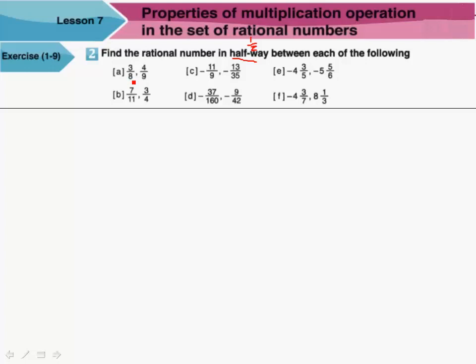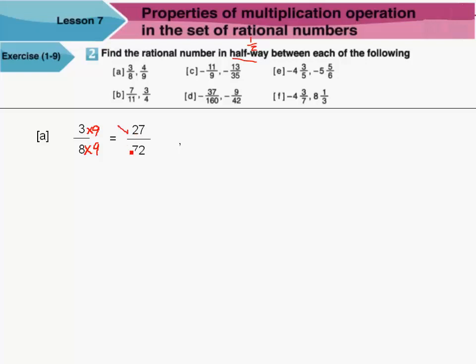Here, look at the denominators, 8 and 9. So the common denominator will be 8 times 9, which is 72. So 3 over 8 is equal to, here we multiply 8 times 9 to get 72, and 3 must also be multiplied by 9.